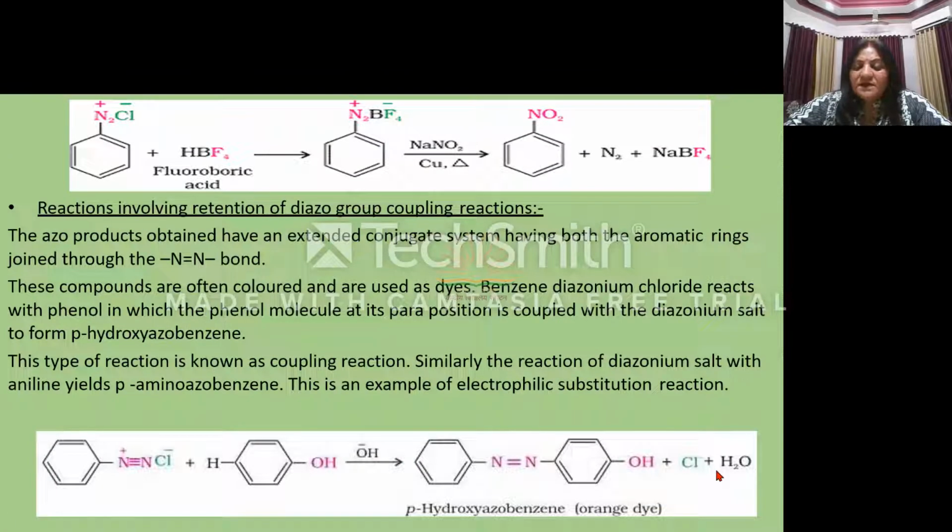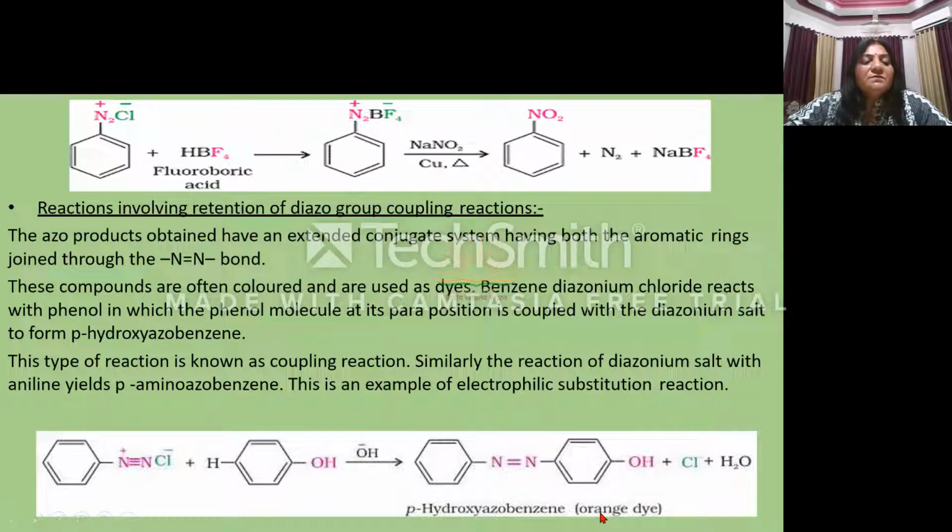Then a dye is formed, an orange dye, para-hydroxy azobenzene. This is azobenzene, with the diazo group. Para-hydroxy azobenzene is an orange dye.